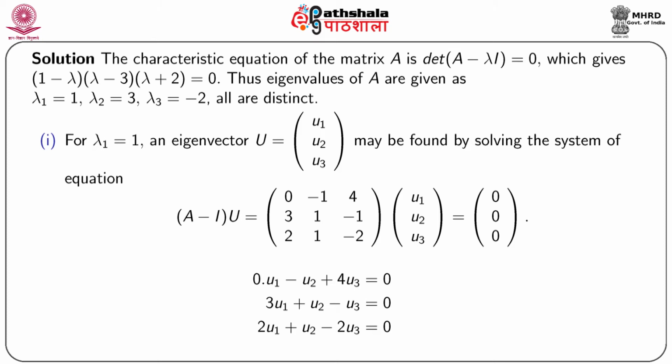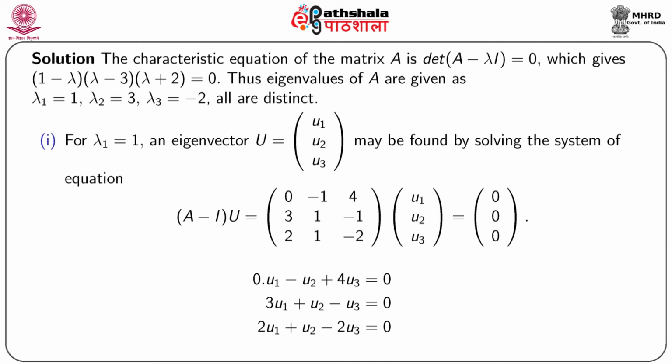So, what you do is you substitute lambda 1 is equal to 1 and you have to solve the equation determinant of A minus lambda I, where lambda is equal to 1, equal to 0. And if you do that, you will get this matrix equation 0 minus 1 4, 3 1 minus 1 and 2 1 minus 2 multiplied by u1 u2 u3 is equal to the 0 matrix.